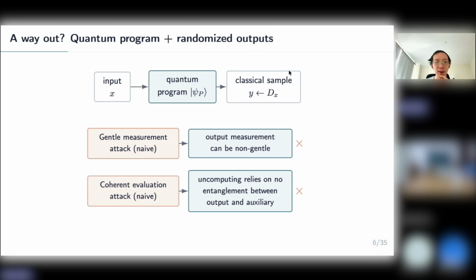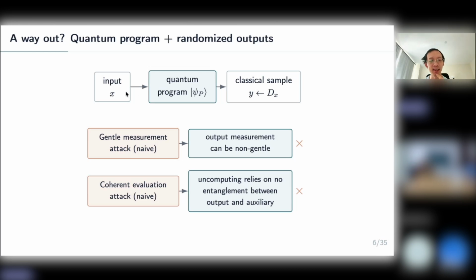By randomized output, I just mean that this is some sampling functionality where on input X, it samples from some probability distribution that possibly depends on X, and then gives you one sample Y.